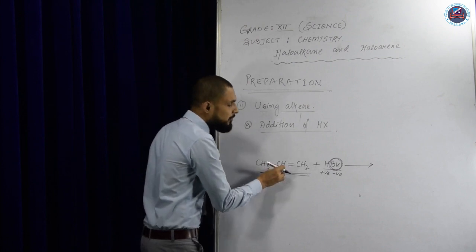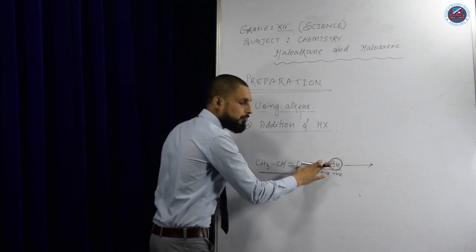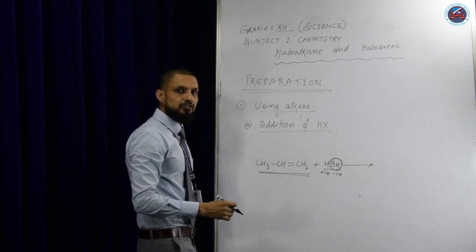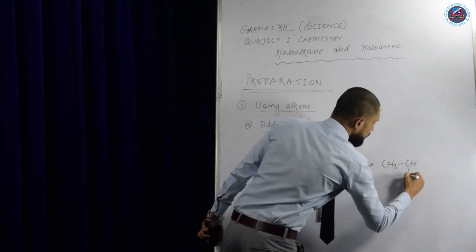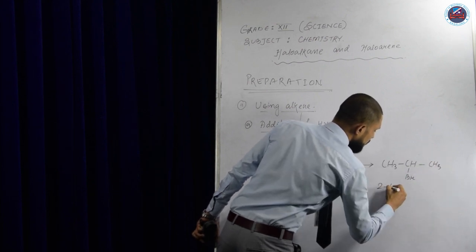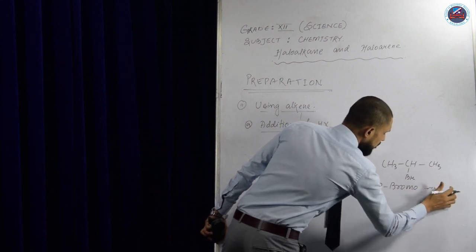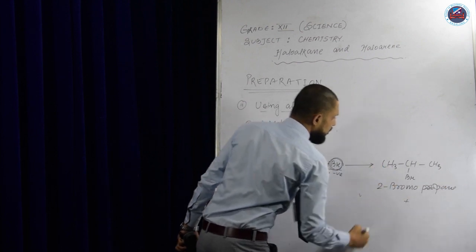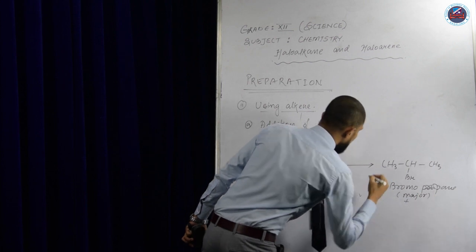So if this carbon gets the negative part, this carbon will get the positive part, that is H. And the product formed will be the major product. So it's CH3 CH Br CH3, that is 2-bromopropane. And this is the major product.